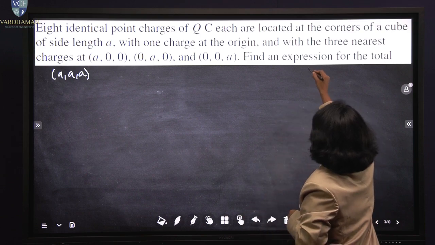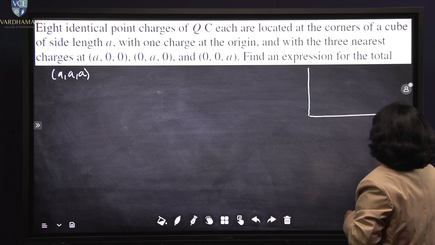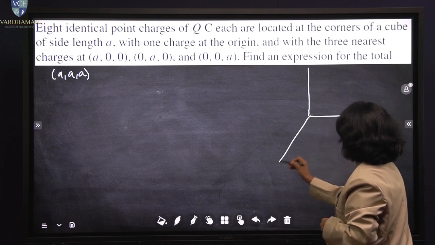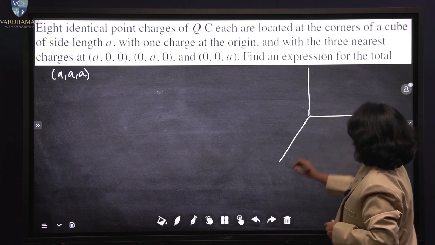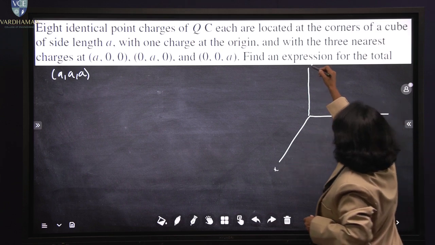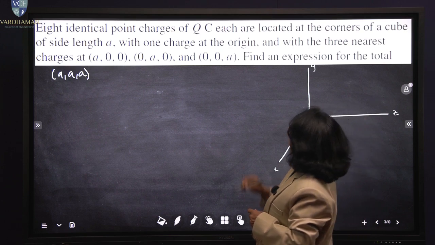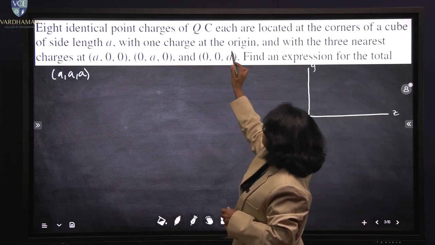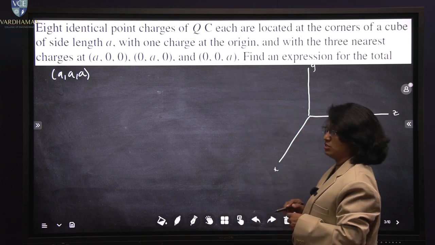Okay, so how to solve such problems? We need to first draw the coordinate system. The coordinate system is given by x, y, z like this, and one charge, that means one of the corners of the cube, is placed at origin, right?